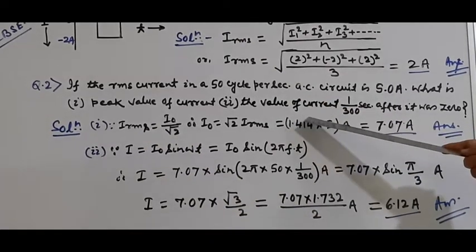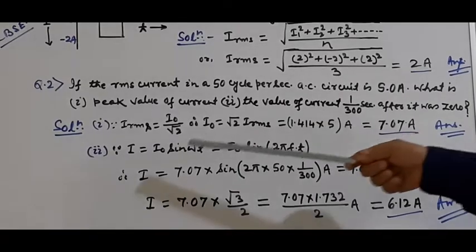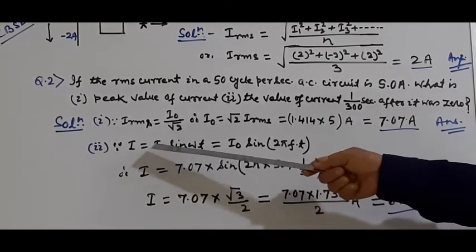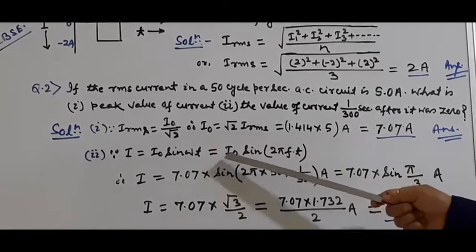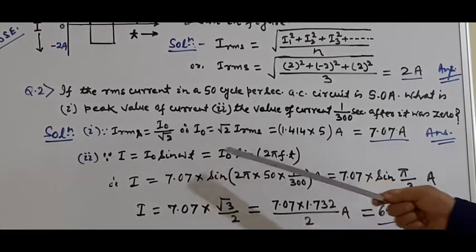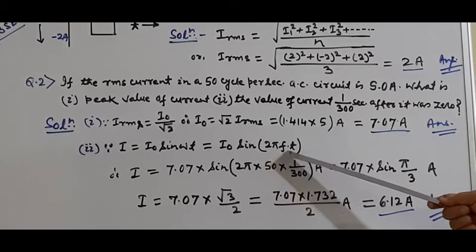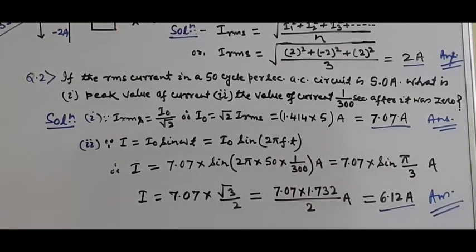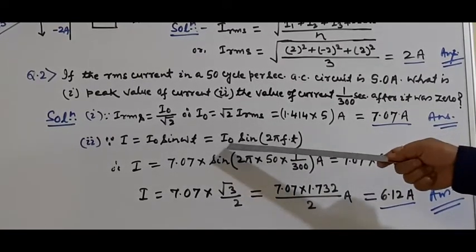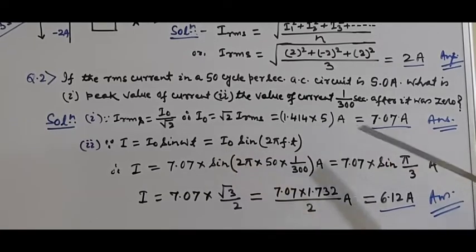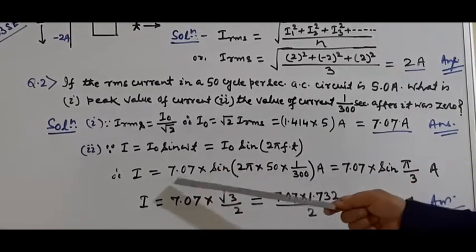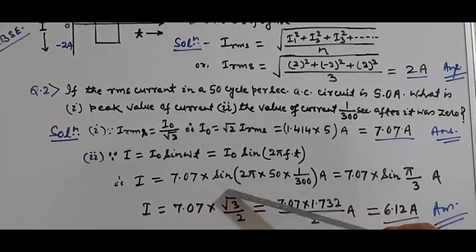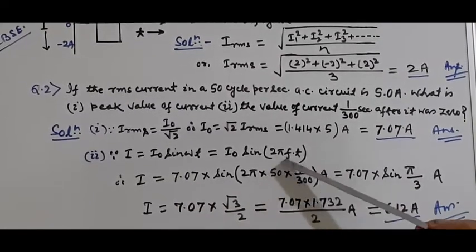For the second part, we shall apply this formula. We know that I is equal to I naught sine omega t, the instantaneous current. In place of omega we can put 2 pi f, into t, and put the values. I naught is the peak value, which we have already calculated as 7.07 ampere. So in place of I naught put 7.07, sine 2 pi f, where f is the frequency.